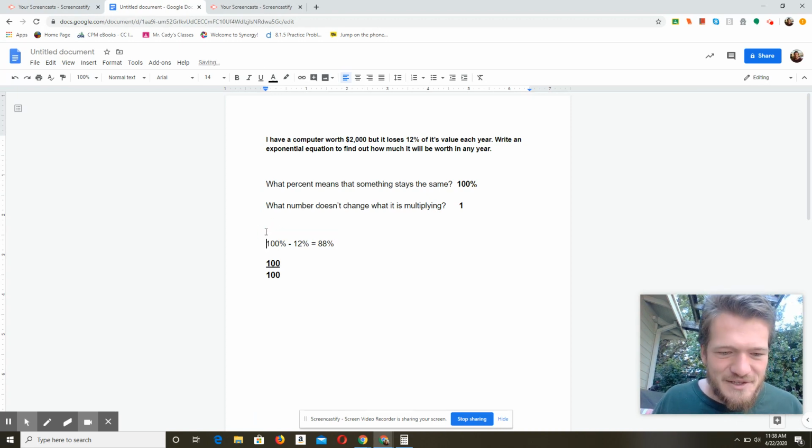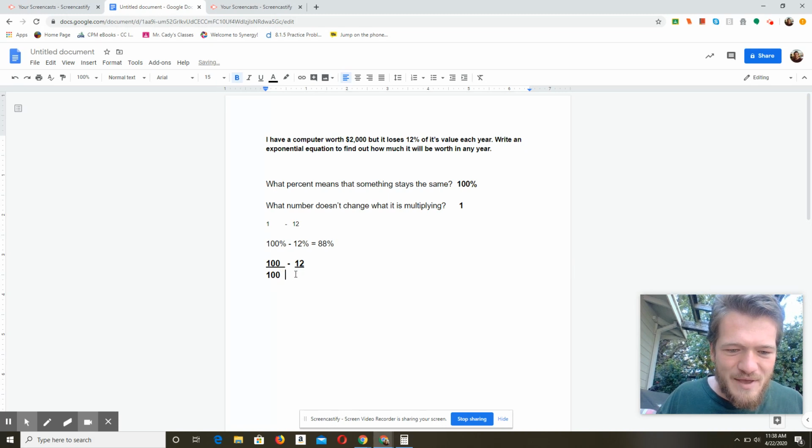So let's look at this another way. If 100% is the same as 1, then what is 12% the same as? Well, 12%, as we said, a percent means over 100. So 12 over 100.